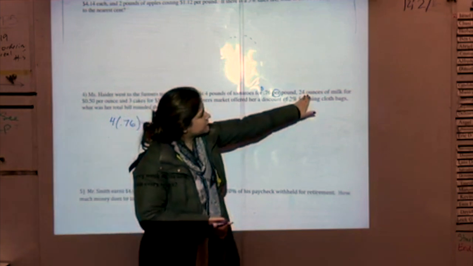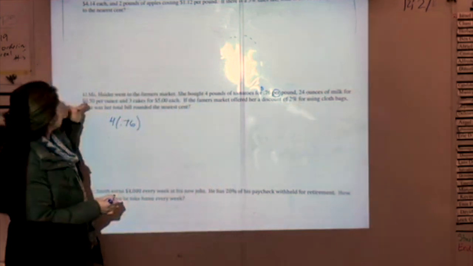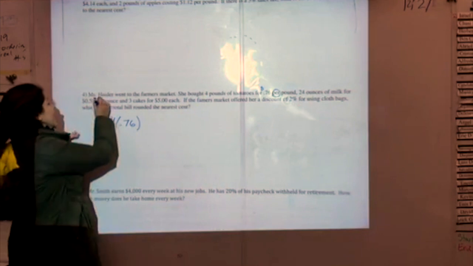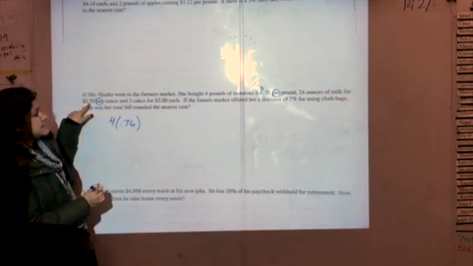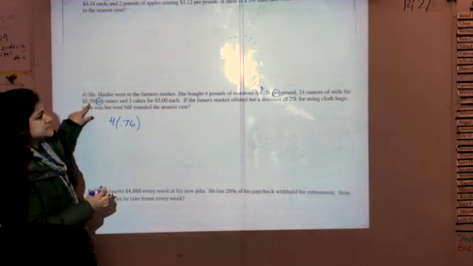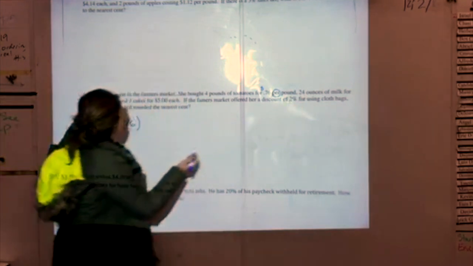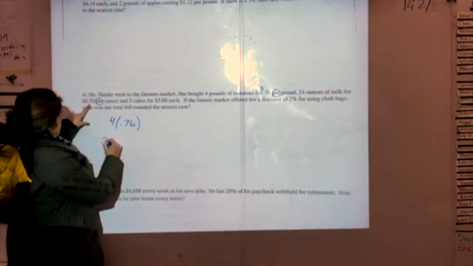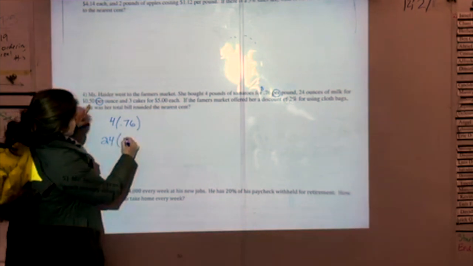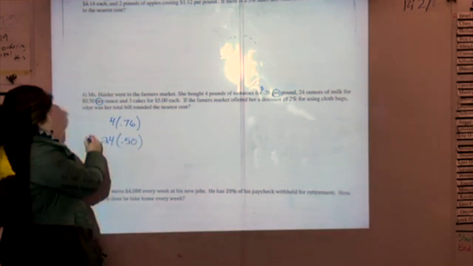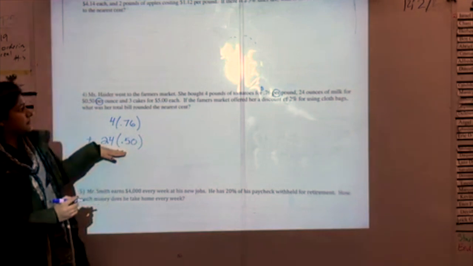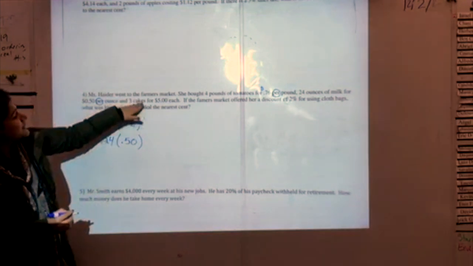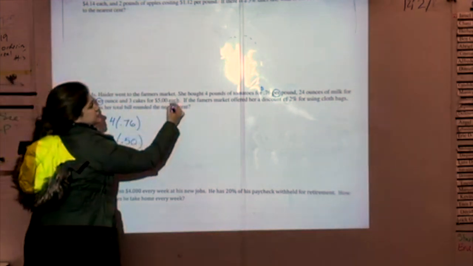I also got 24 ounces of milk for 50 cents per ounce. So for every 1 ounce, it costs 50 cents. So since I bought 24 ounces, each for 50 cents, this will be the cost of my milk. And here, 3 cakes for $5 each cake.